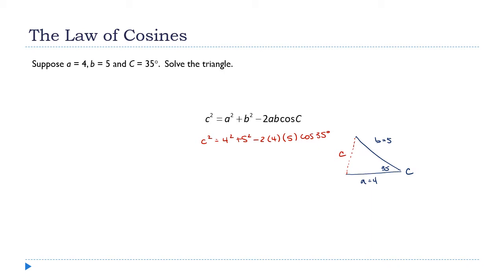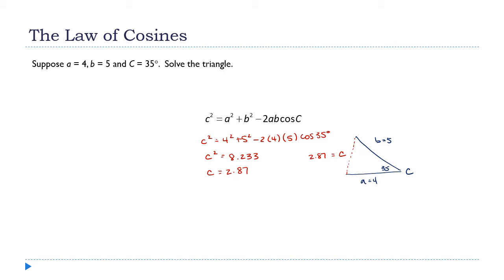Now we're going to go to our calculator a lot with these. This tells me that c squared is 8.233, and if I take the square root of both sides, c is 2.87. Okay, excellent.